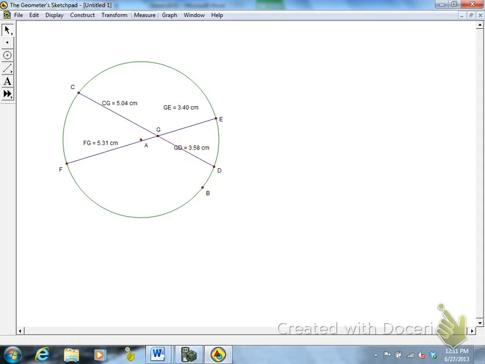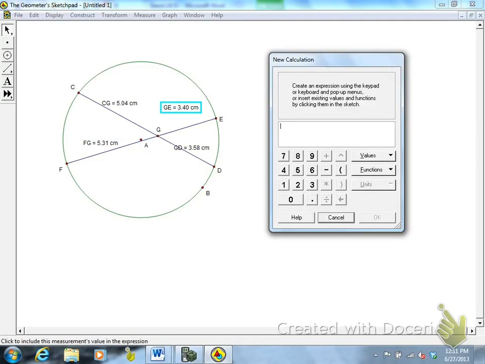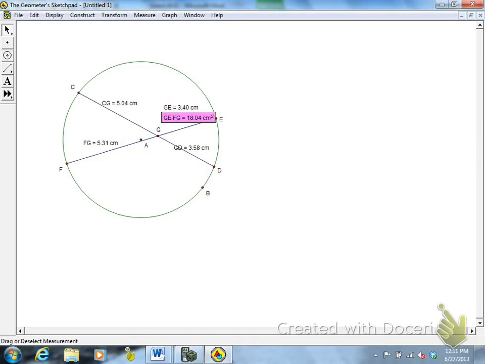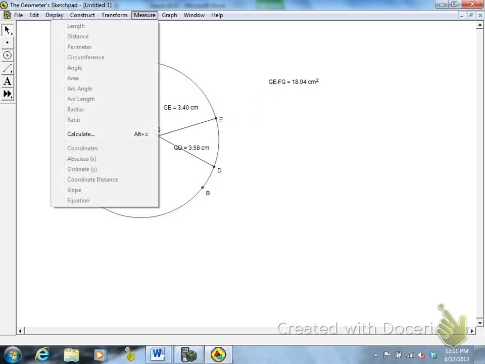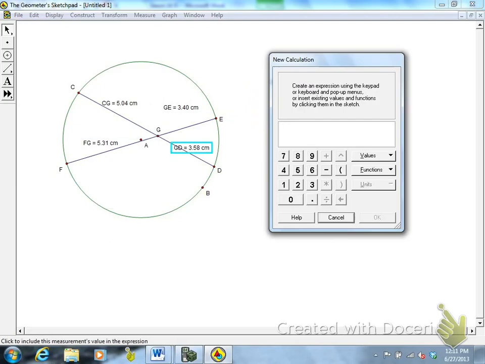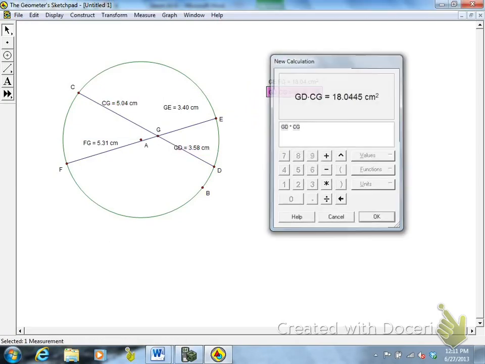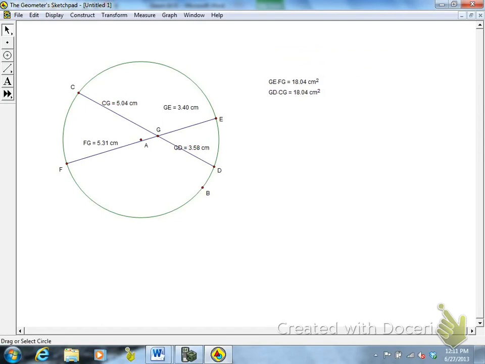Now, if I calculate GE times FG, that's 18.04. And then if I calculate GD times CG, notice they're the same. So no matter where I move the segments, these 2 products will be the same.